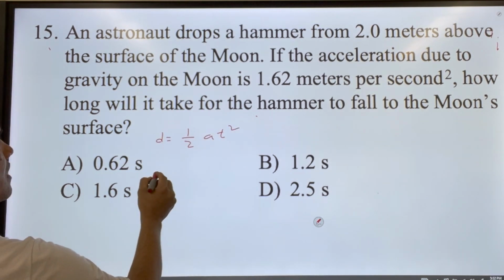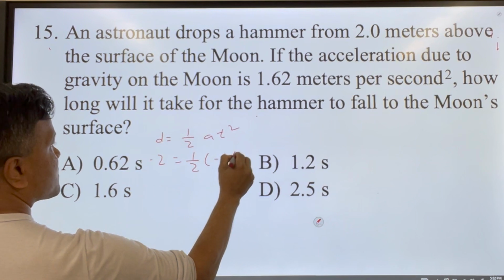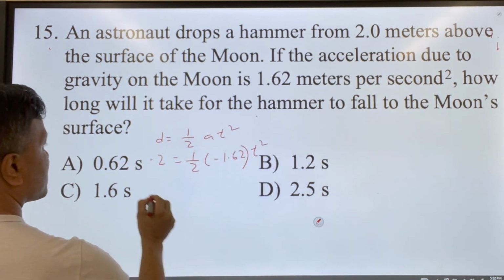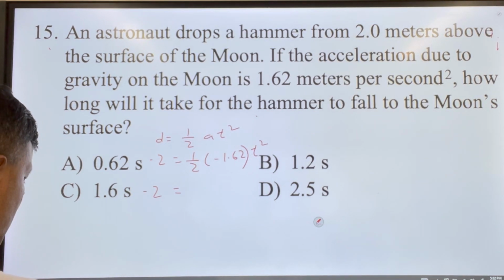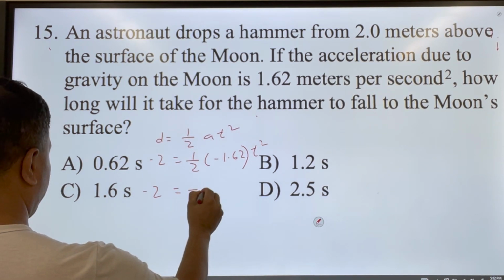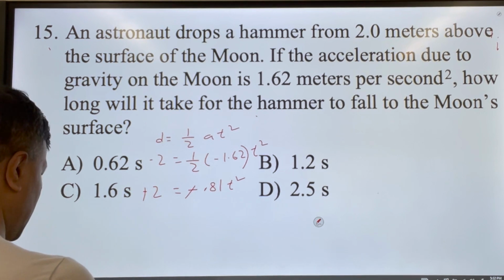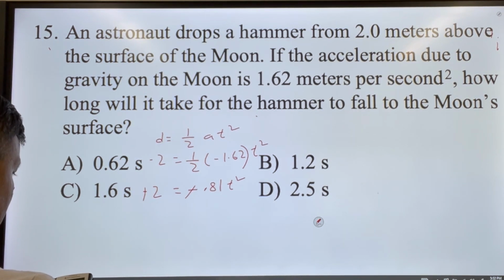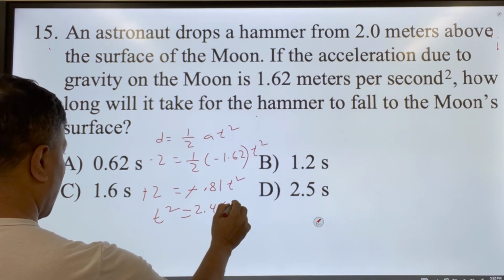The d is negative 2 meter, so negative 2 is equal to half times negative 1.62 times t squared. So 1.62 times 0.5 is 0.81, so negative 2 is equal to negative 0.81 t squared. Negatives cancel. 2 divided by 0.81, and t squared is equal to 2.469.